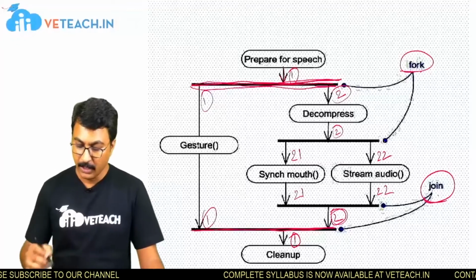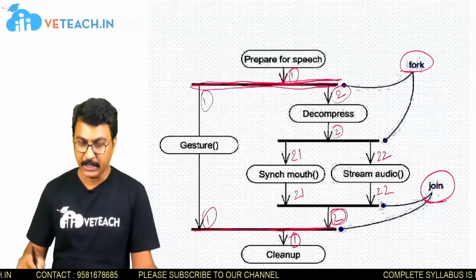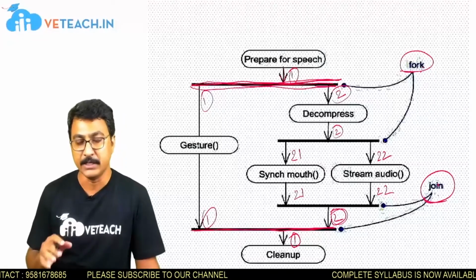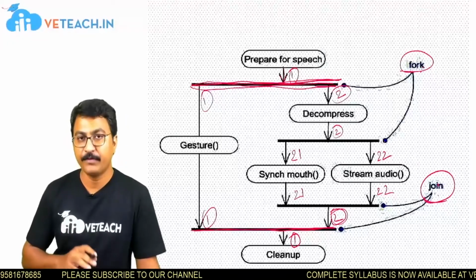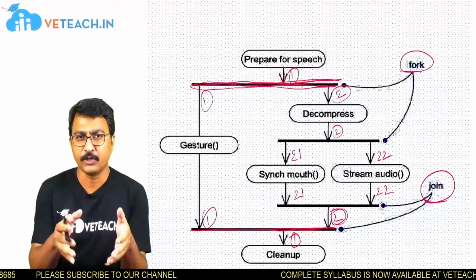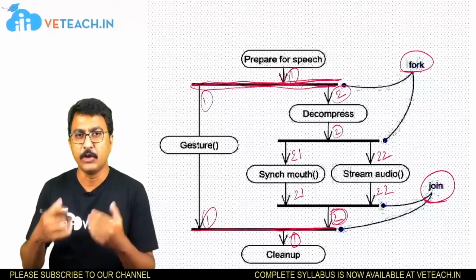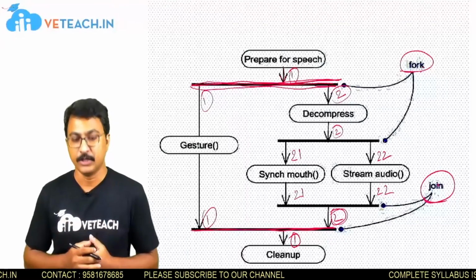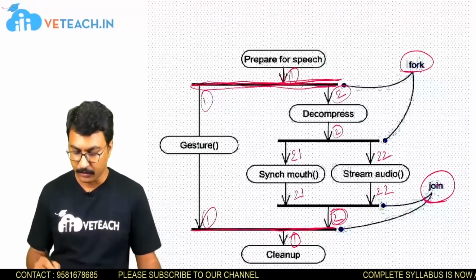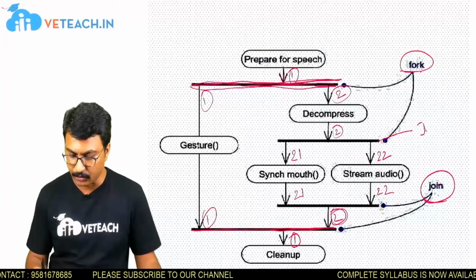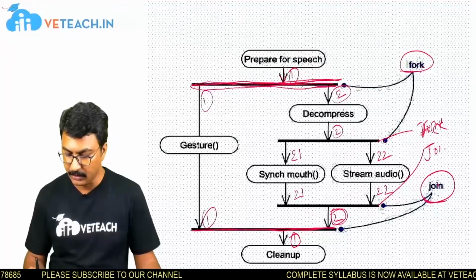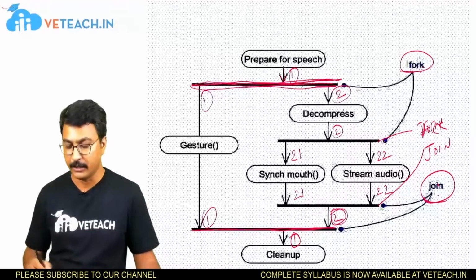So I see here that the number of forks and the number of joins have to be balanced. The number of concurrent flows of control that you generate should always be equivalent to the number of flows of control that are merged together. So equivalent ones should be drawn. This is a join, this is its fork, and this is its equivalent join.